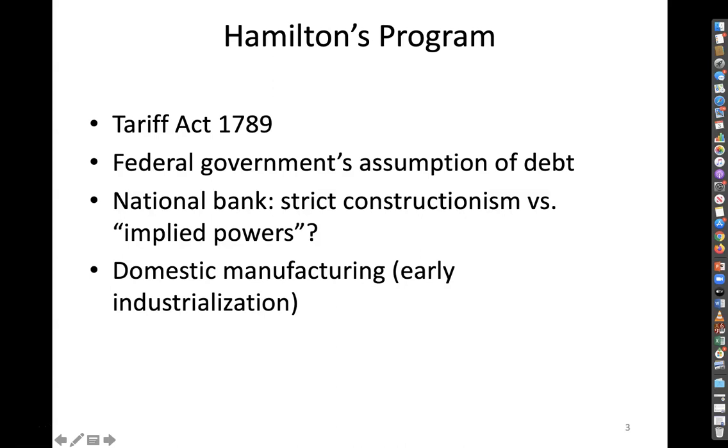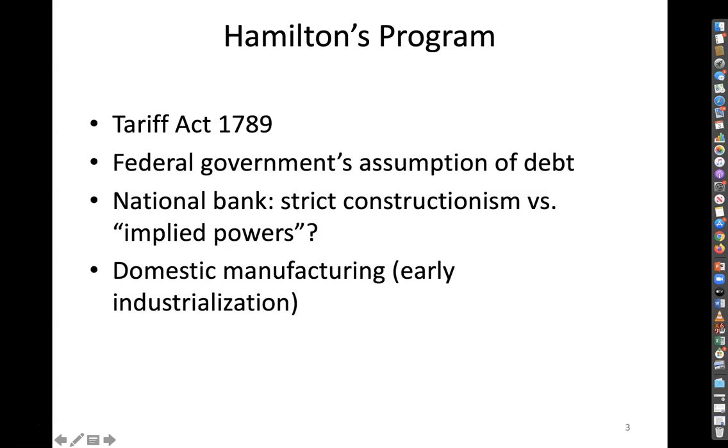That is to say, it's implied in the Constitution that the federal government has certain powers that may not be explicitly listed within the body of the Constitution itself. All right, so what Hamilton does is, of course, invoke or appeal to the elastic clause, the necessary and proper clause, as justifying his creation of a national bank.